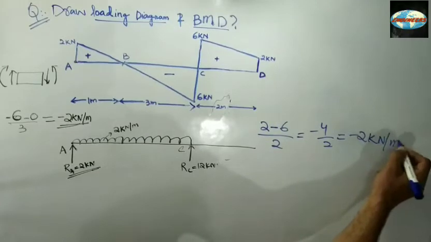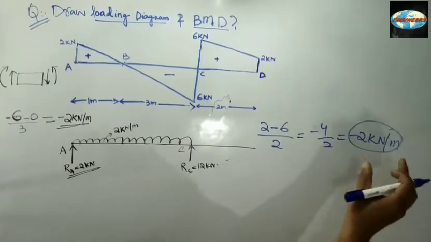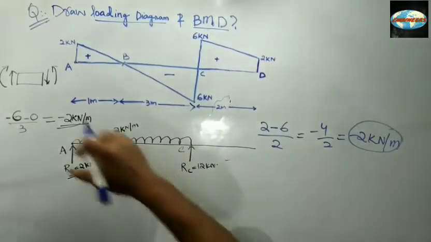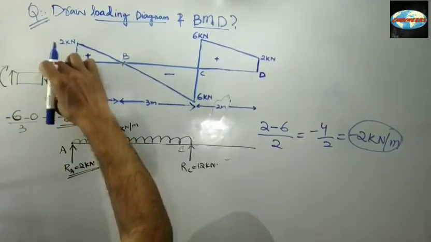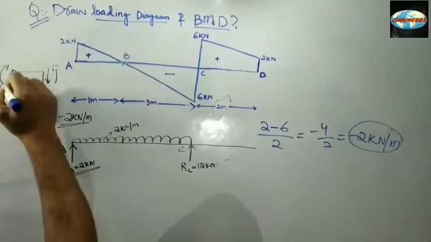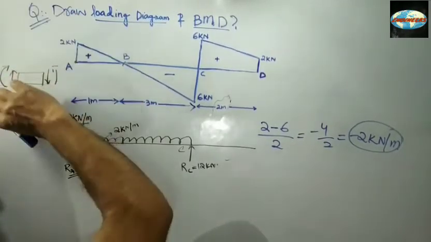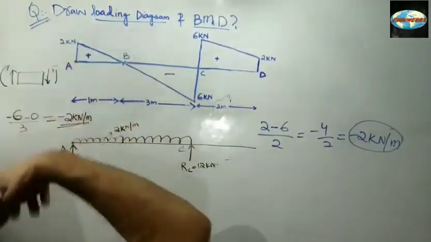Now friends, I should not explain it again. I think I should assume that you understand that minus 2 kilonewton means the loading is downwards, as per the sign convention we have. Just remember this: these are for positive values, upward load is positive, and clockwise movement is positive. Whenever we have a negative value, that means the load is downwards.